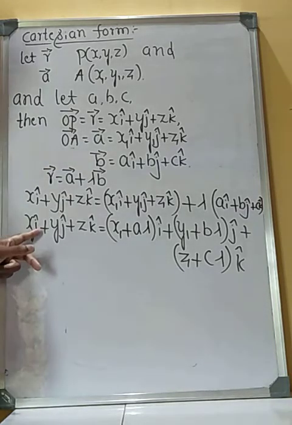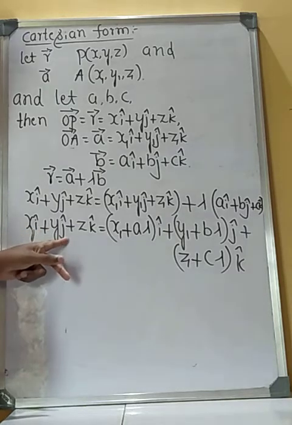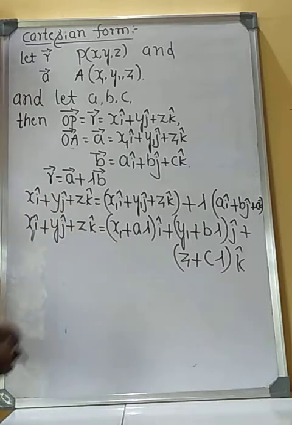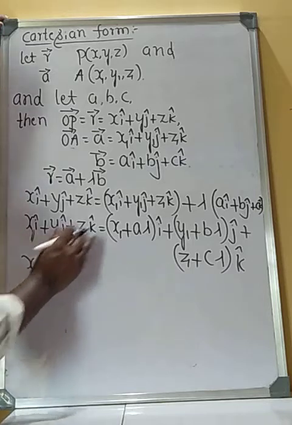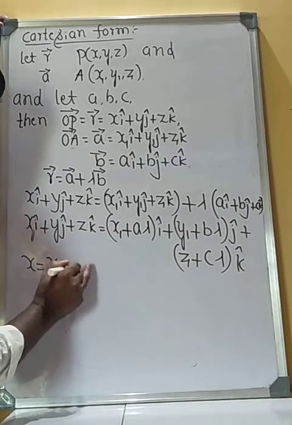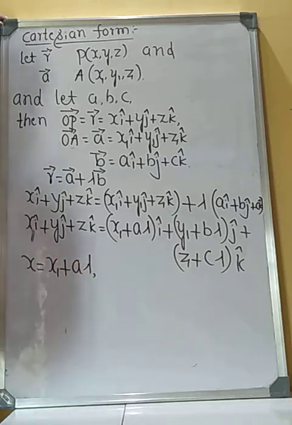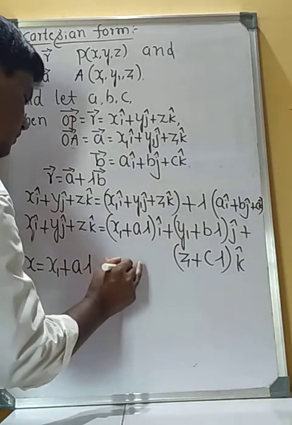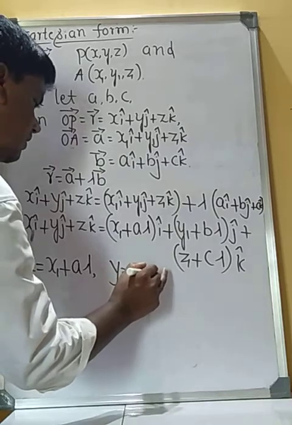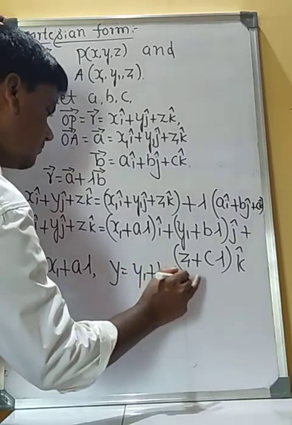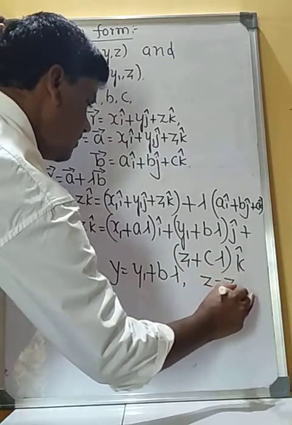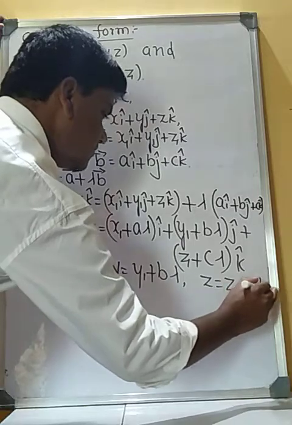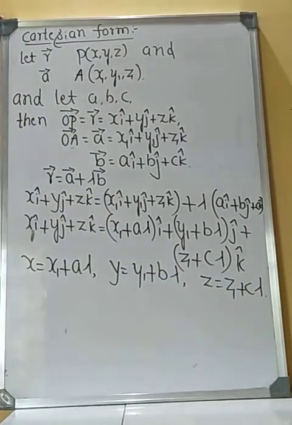Now equating the coefficients of i, j and k, we get x is equal to x1 plus a lambda, y is equal to y1 plus b lambda, and z is equal to z1 plus c lambda.